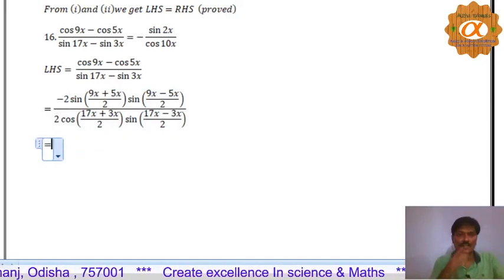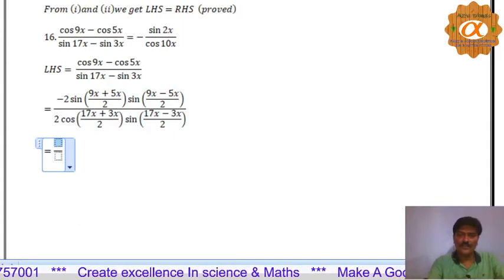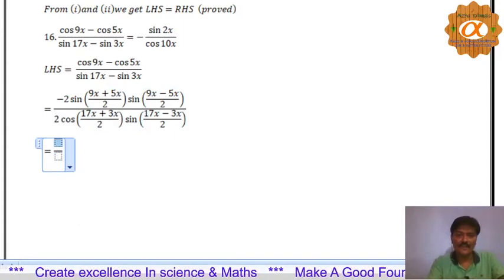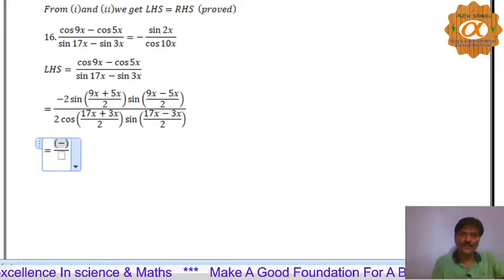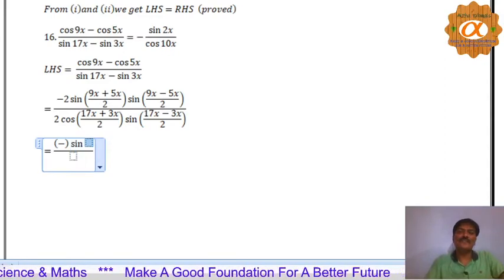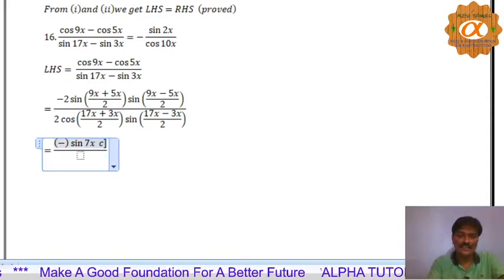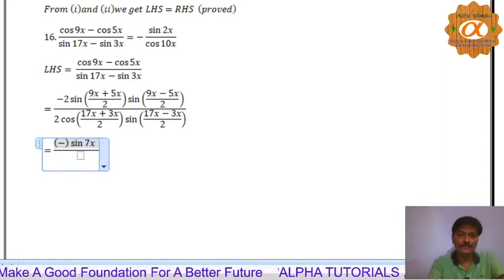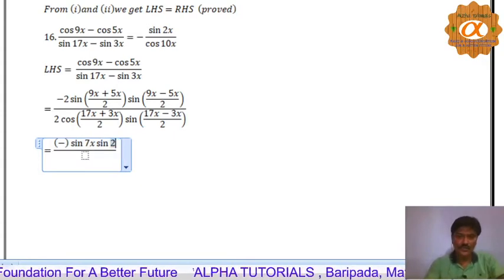2 and 2 cancel out. We have a negative sign on the upper side, so it is negative. I am putting this negative sign inside a bracket. Now it becomes sin 9x plus 5x, 14x by 2, that means sin 7x, and again it is sin 9x minus 5x is 4x by 2 is 2x.